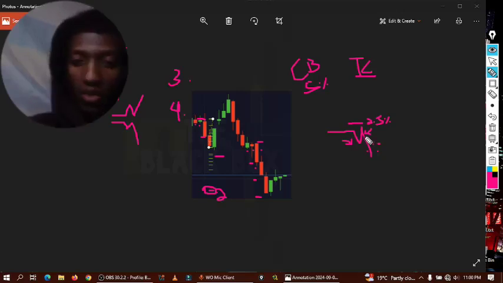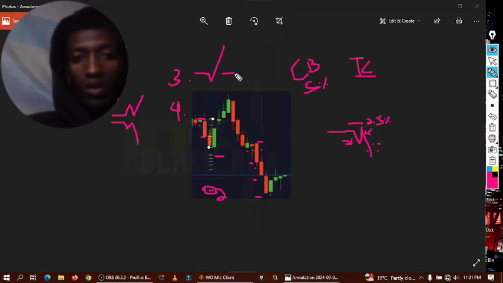At first, it was the first model. Then at the retest, it became the second model. That's the retest. The third model is unique. This is an equilibrium area. If we are buying, they will come down there and then move it upside like crazy. That's a buy model right there.